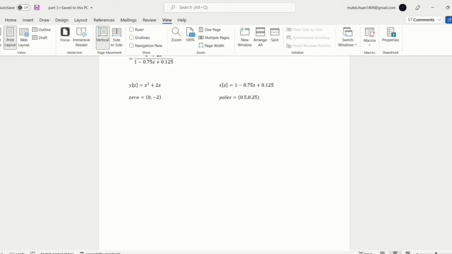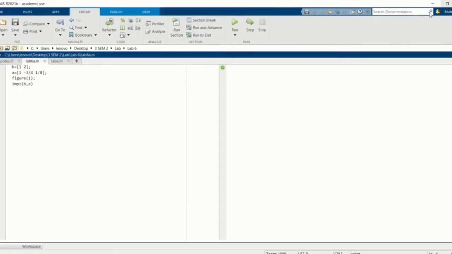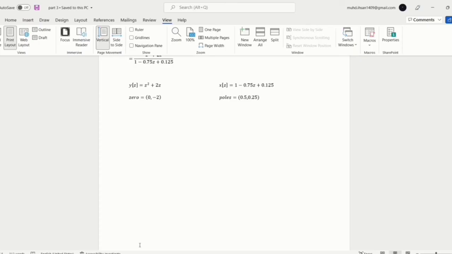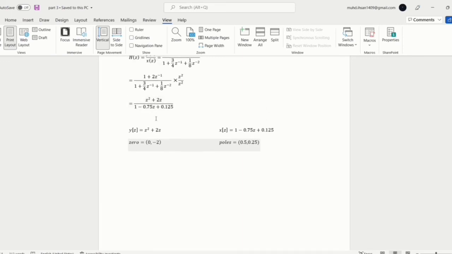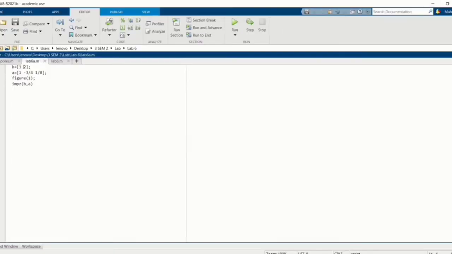So we see the MATLAB. For the MATLAB, take the equation from the calculations: b is 1, 2, a is 1, -3 over 4, 1 over 8.